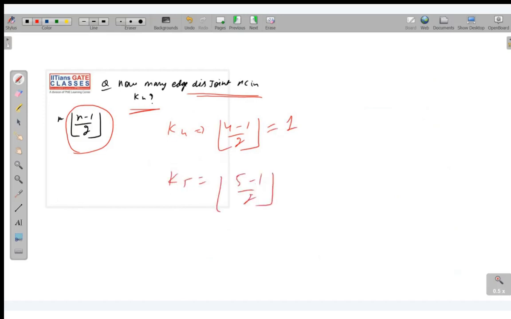So what are these two? One will be a star and another will be a pentagon. These are the two edge disjoint Hamiltonian circuits in K5. So floor of (n minus 1) by 2. Take snapshot. I will jump to the next slide.